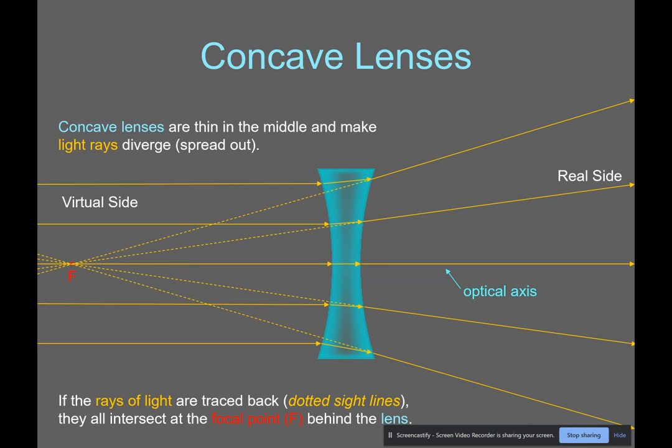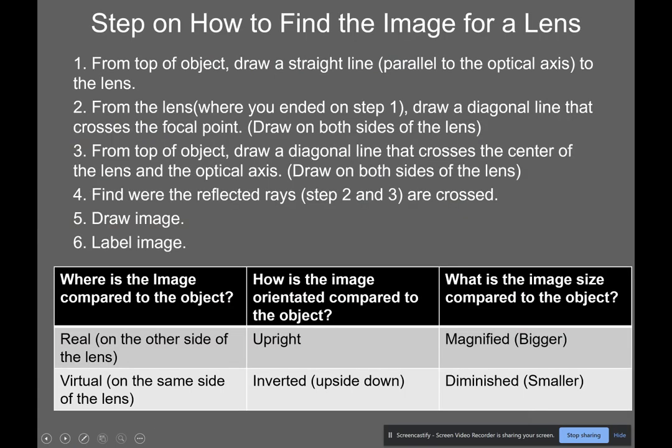The virtual side would be between the lens and your eyeball. That is why the virtual and real side flip for lenses. It's one thing to pay attention to.